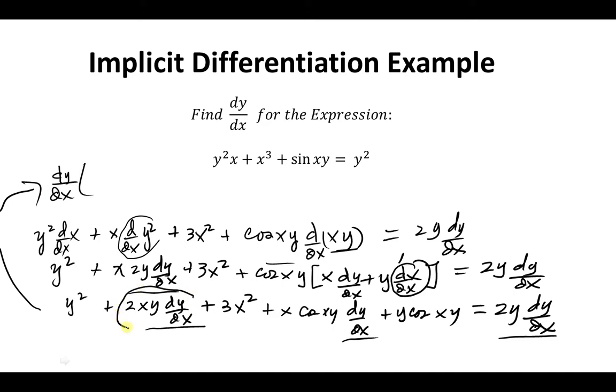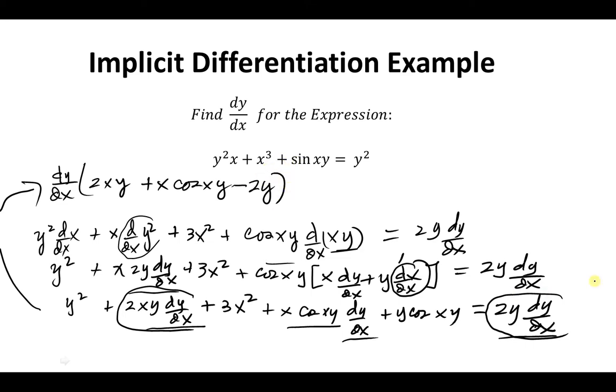The first dy/dx I have is 2xy. The next one I have is x cosine of xy. And the other one I have is on the right hand side of the equation, so I'll bring it to the other side, and it'll be minus 2y dy/dx. So factoring the dy/dx out, I have this expression.